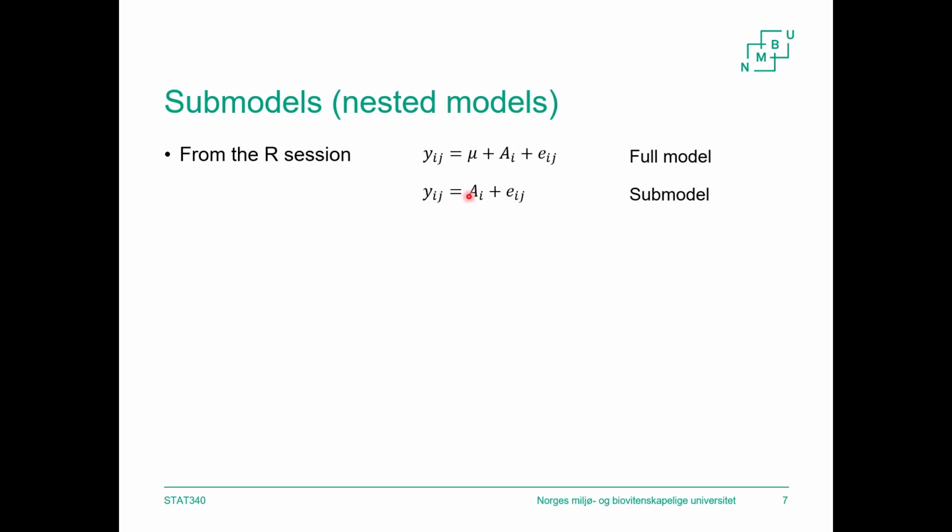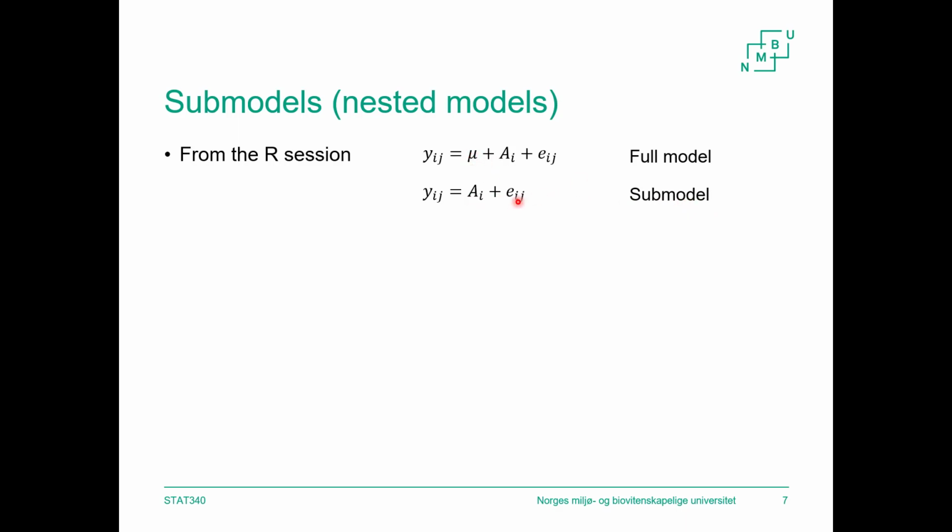And notice that this submodel is actually a submodel. It's not a completely different one. It comes from the full model by eliminating one parameter, namely the mu. If you eliminate the mu from this one, you end up with this one. And this is the definition of a submodel.